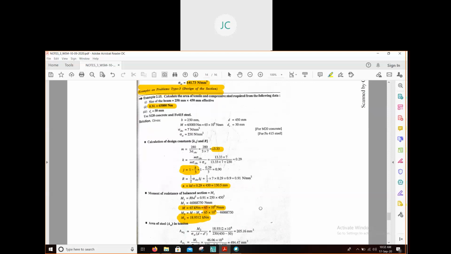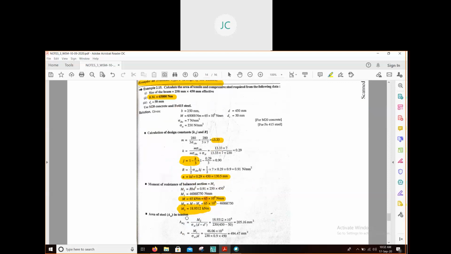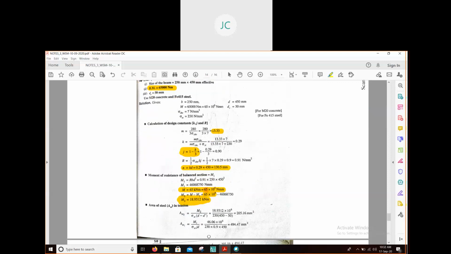See the formula here for area of steel in tension. First, AST1: M1 divided by sigma st into j into d. M1 is this much, sigma st we know is 230, j is 0.9, d is 450.